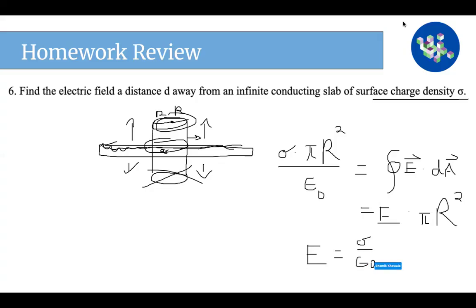And then the next problem was about an infinite non-conducting slab. With the non-conducting slab, Q will be throughout the whole slab. So there will also be a flux through this side. This flux will also be E times pi r squared.